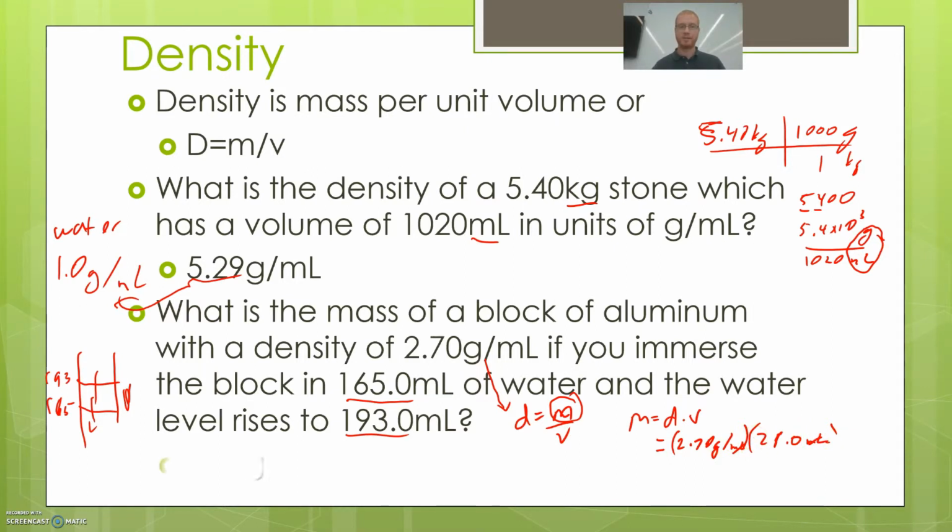And the mass is 75.6 grams, rounded to 3 significant digits. So your units are key here. If you haven't noticed, that's kind of a theme for the year. The units are key. You have to match up the units to what you want.